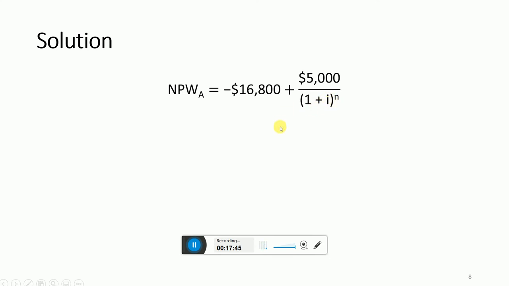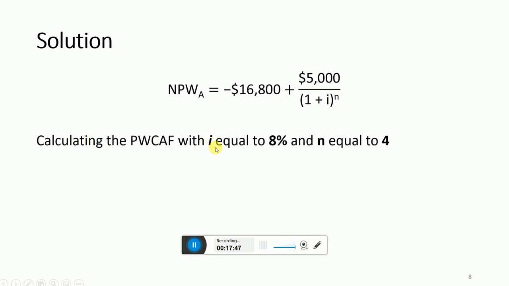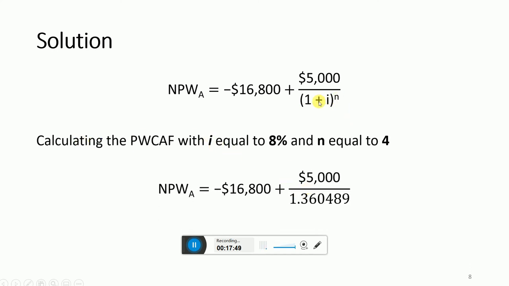So we put in the values: 1.08 to the power 4 gives 1.36. Dividing 5,000, which is the future value F or the salvage value at the end of 4 years, by this factor, we get 13,124.